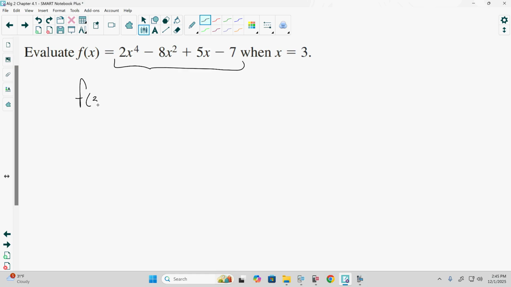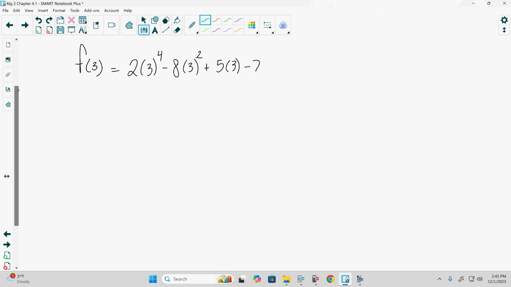This is also the same as saying evaluate the following function for f of 3. Really all we're doing is replacing every x in this function with 3. So we have 2 times 3 to the fourth minus 8 times 3 squared plus 5 times 3 minus 7.